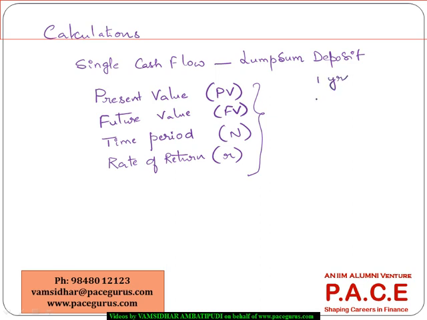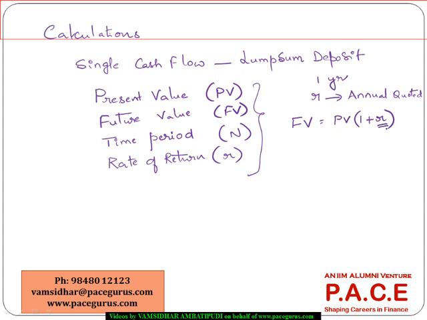And the interest rate is generally quoted as an annual rate. What we typically see as a relationship is that the future value is nothing but the present value times 1 plus R, if I am looking at a 1 year period.